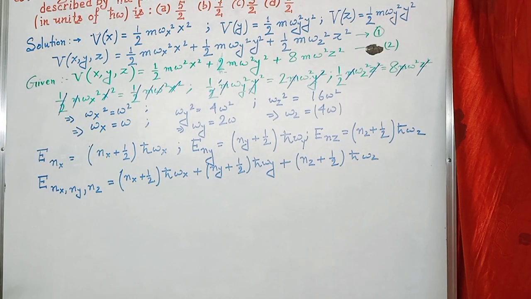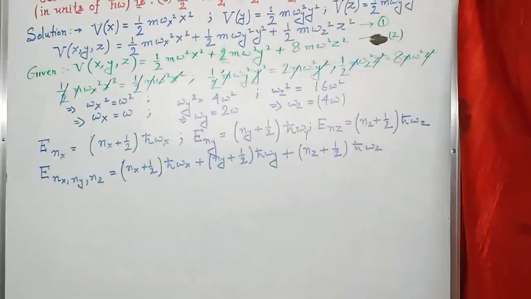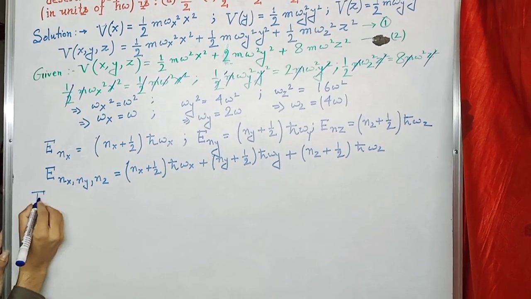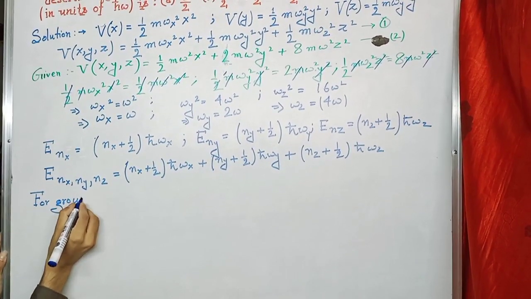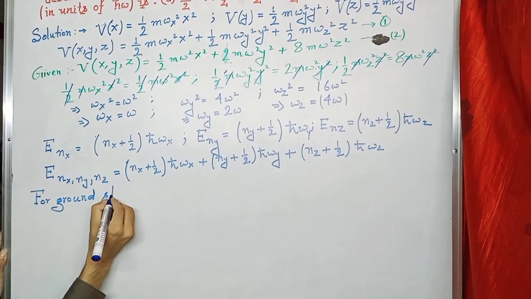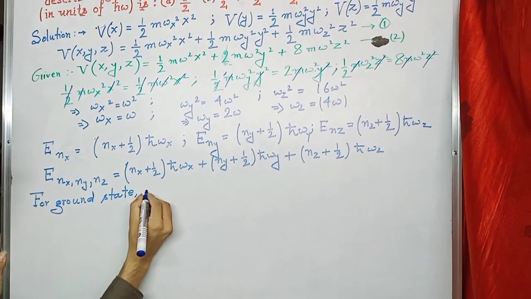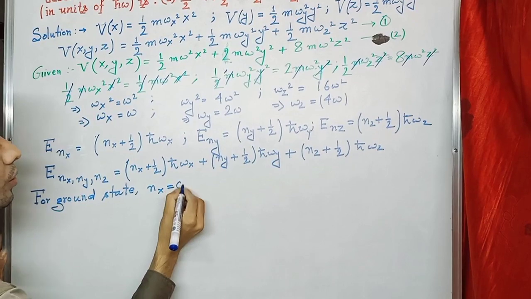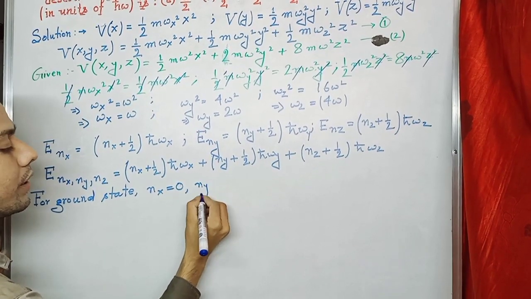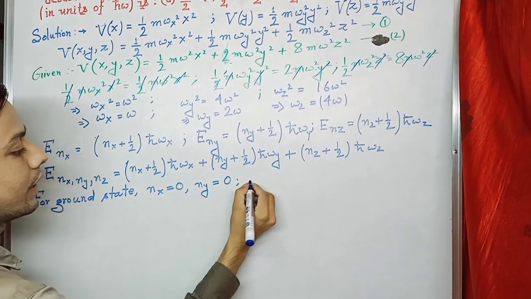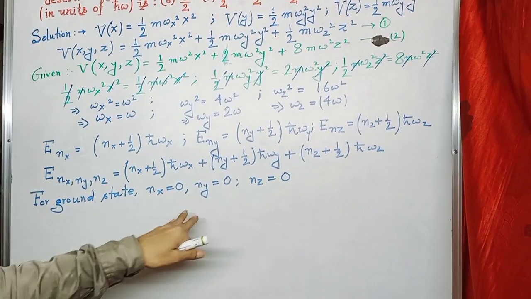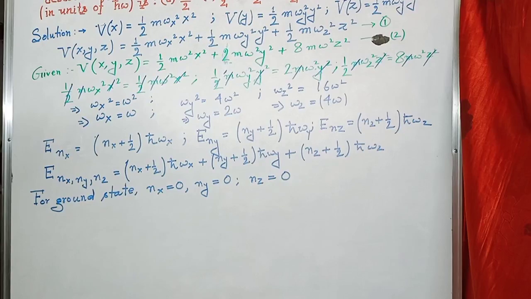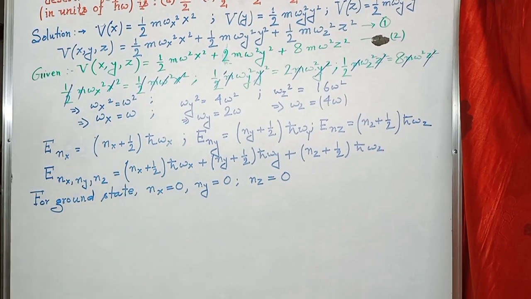Now for the ground state, the condition is nx equal to 0, ny equal to 0, and nz equal to 0.